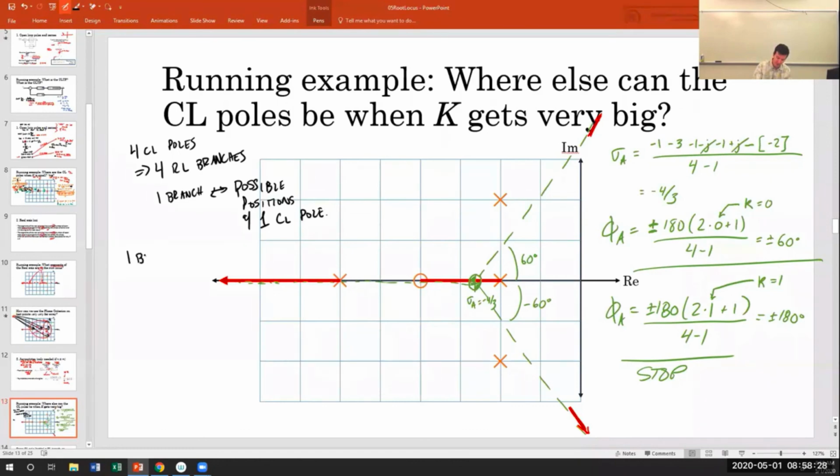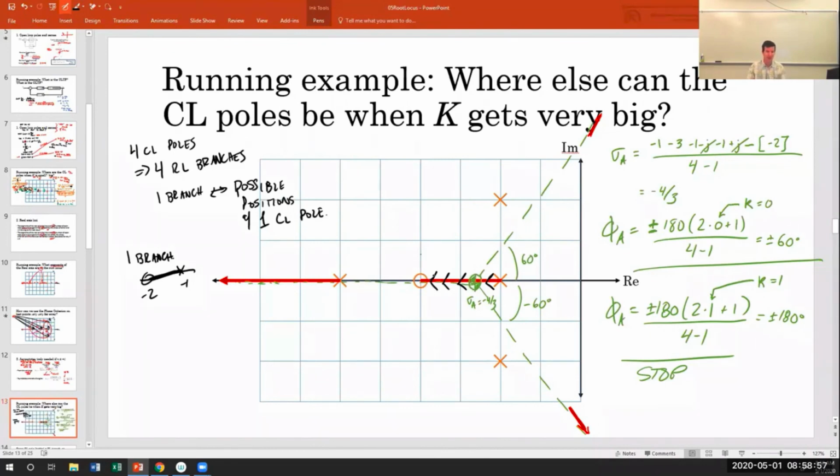One branch, in this particular example, goes from the x at -1 to the o at -2. And that leaves 3 branches that don't have what I'm going to sometimes call finite homes. So we can think of the poles as migrating away from the x's and always towards the o's.